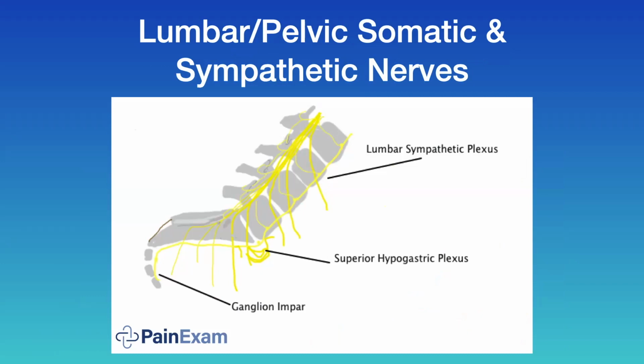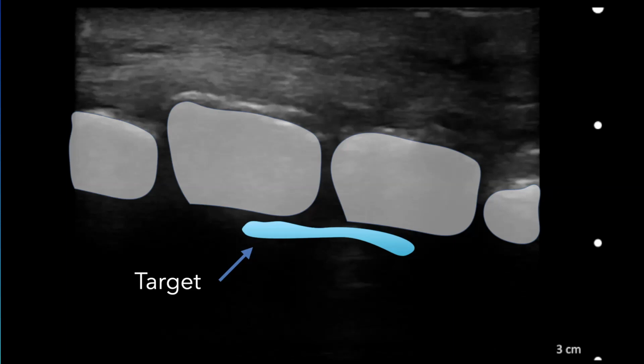The sympathetic nerves, okay, the most important one is ganglion impar block. I'm not sure if you guys already saw the video, but I have it here for you. I'm going to just show it to you before we close up for the day. This is what we're looking at.